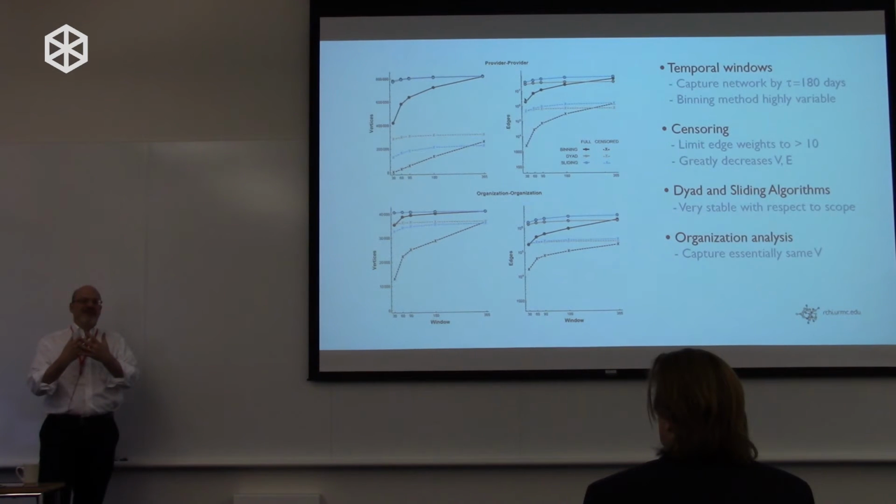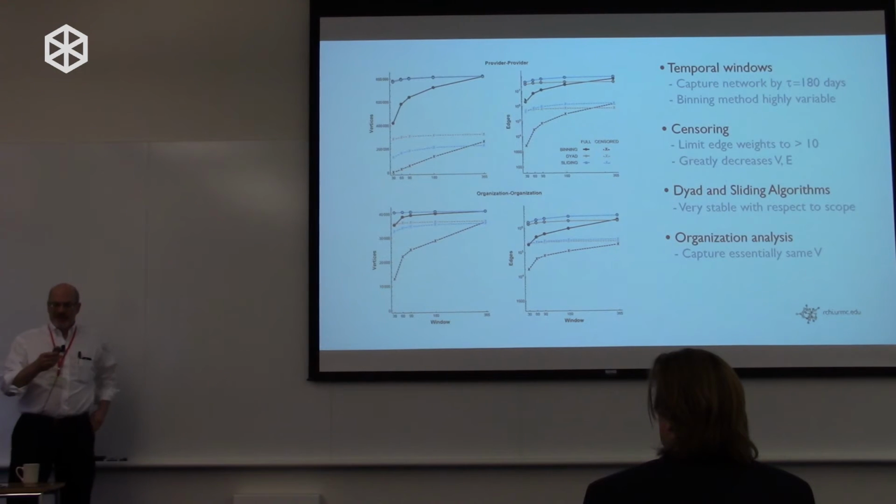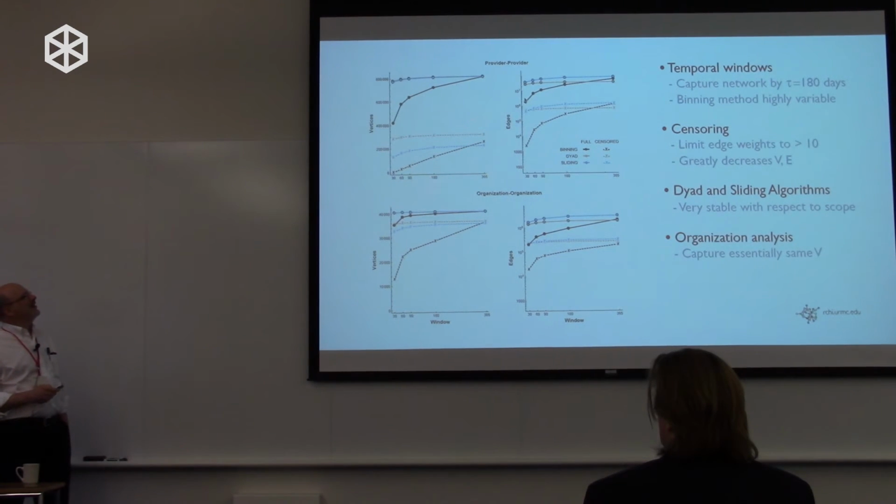If the edge weight between providers is less than 11, they eliminate it from the data that they release publicly. So we were interested in the effect of censoring on these graphs and what it told us about the healthcare network. You can see there's a profound reduction, on a log scale, in the number of vertices and number of edges that occur in each of these graphs.